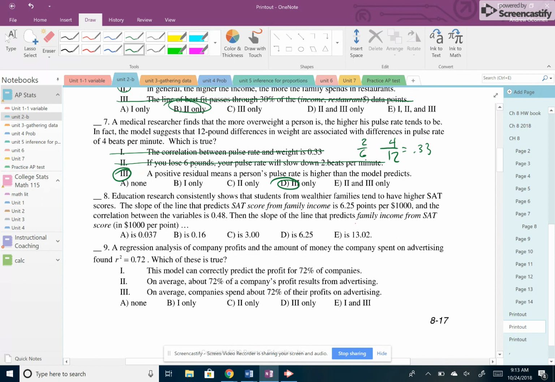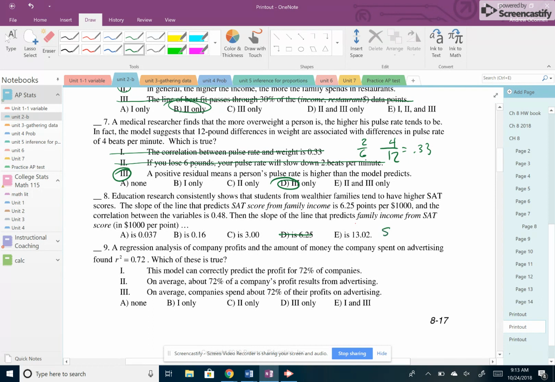What is the slope of the line that predicts family income from SAT score, in thousands per point? This one essentially is asking what happens when you reverse the X and Y and what the new slope would be. So slope does change when you switch your X and Y, as long as the slope is not 1, I guess.